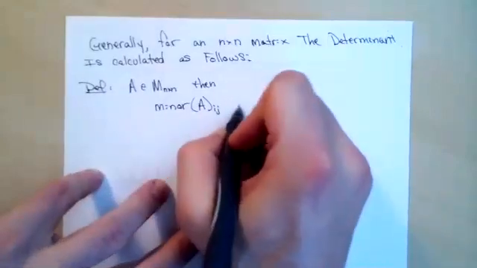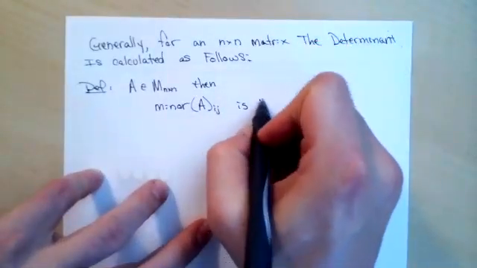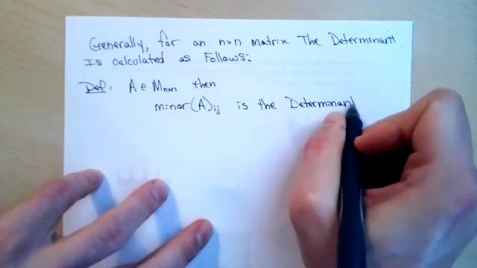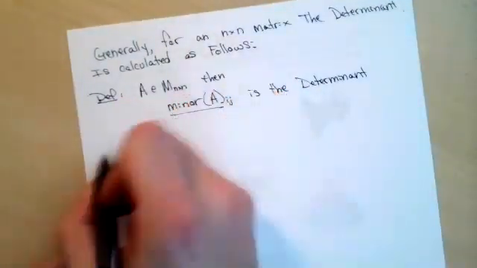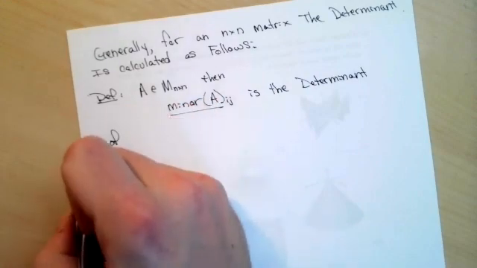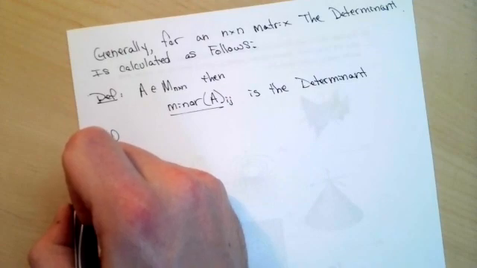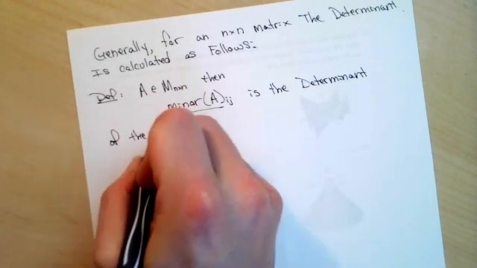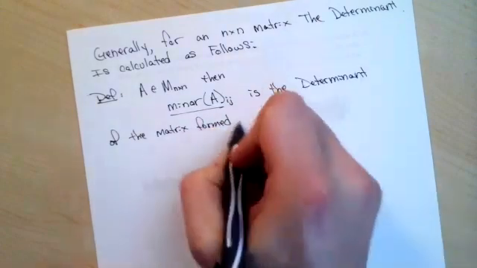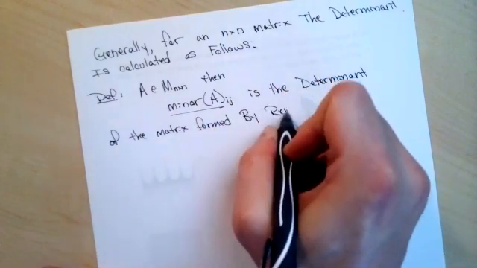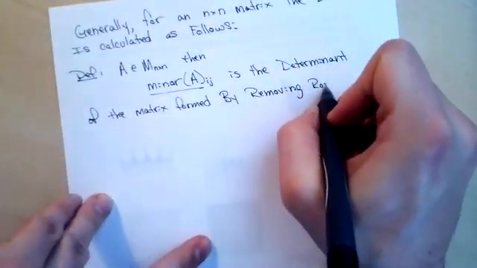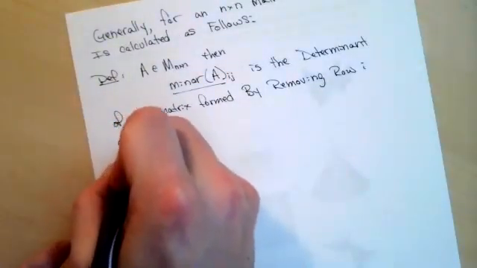So minor A_ij is the determinant of the matrix formed by removing row i and column j.